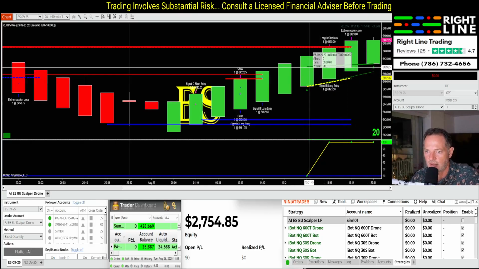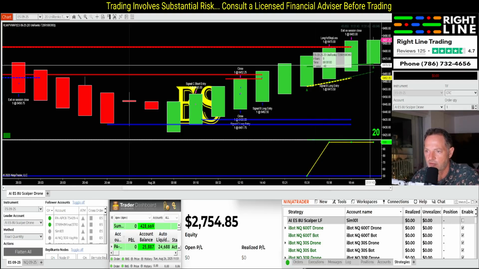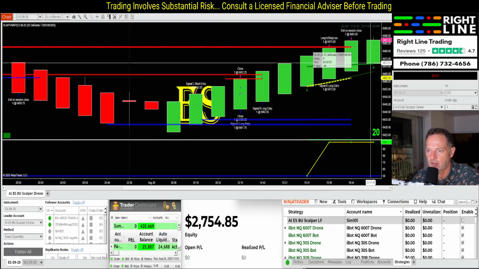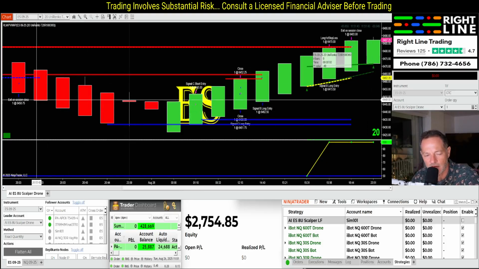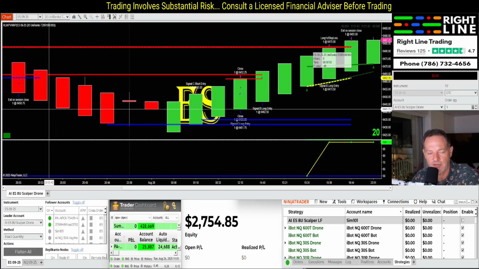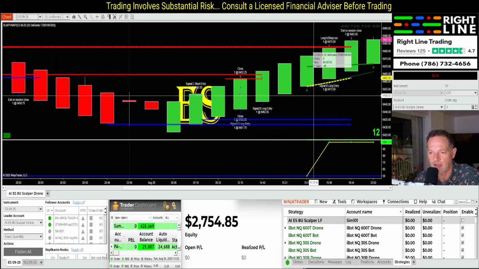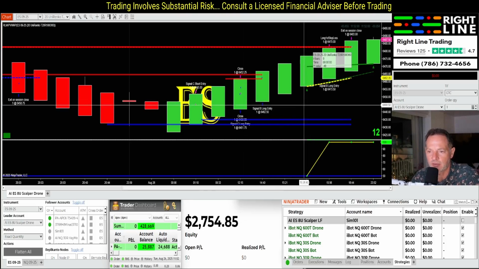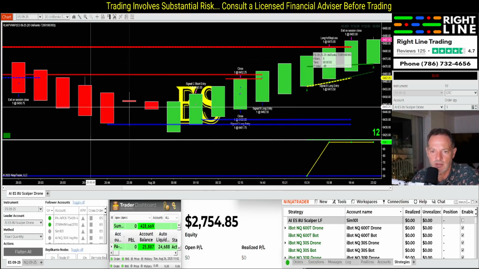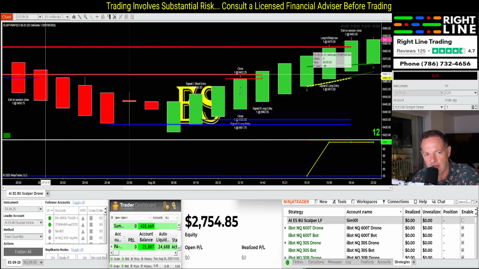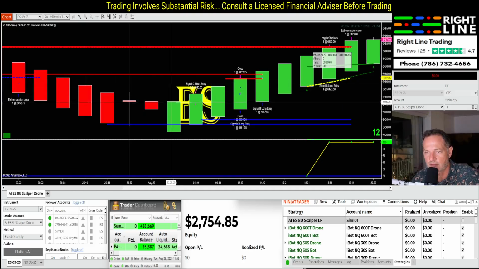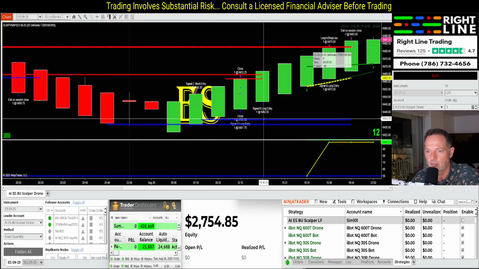So it tells us that we're only going to take long trades throughout all this time period. Now, if this would go down, and it just didn't print the 50 back here because I don't have enough bars on the chart, but if I added more bars, it would print the 50, and the 50 would probably be red over here, so it would only take short trades. So that's how the power play works.